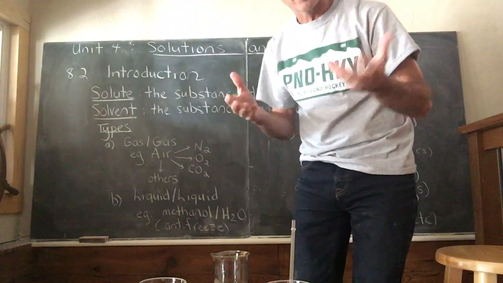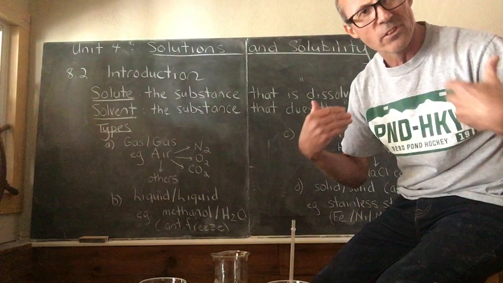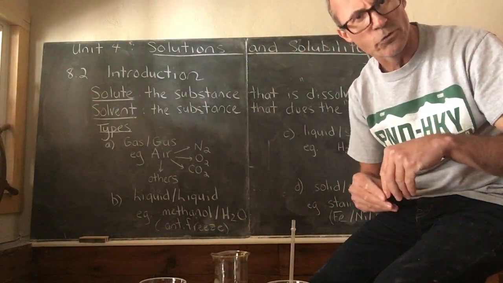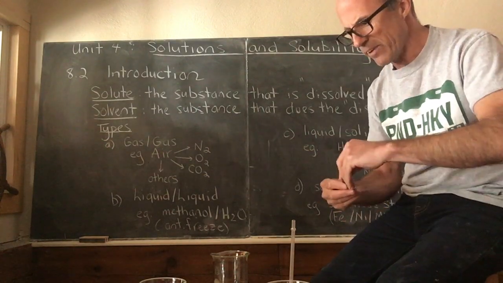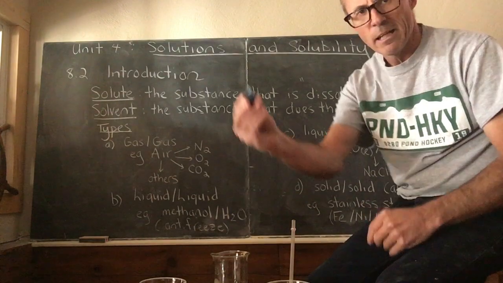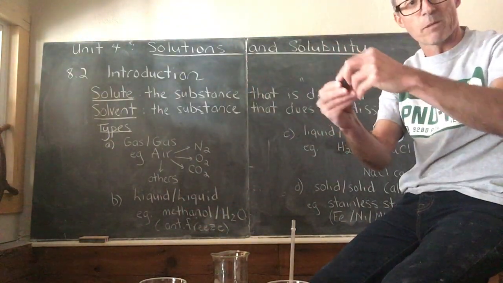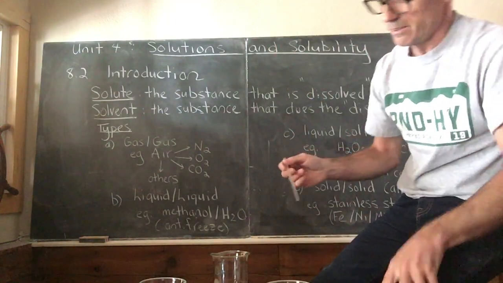The other thing that we can easily do, which you already learned about, is to talk about a concentrated or a dilute solution. So very simple little experiment. If I take my food coloring, and what the heck, let's pick blue because we are all blue and white.